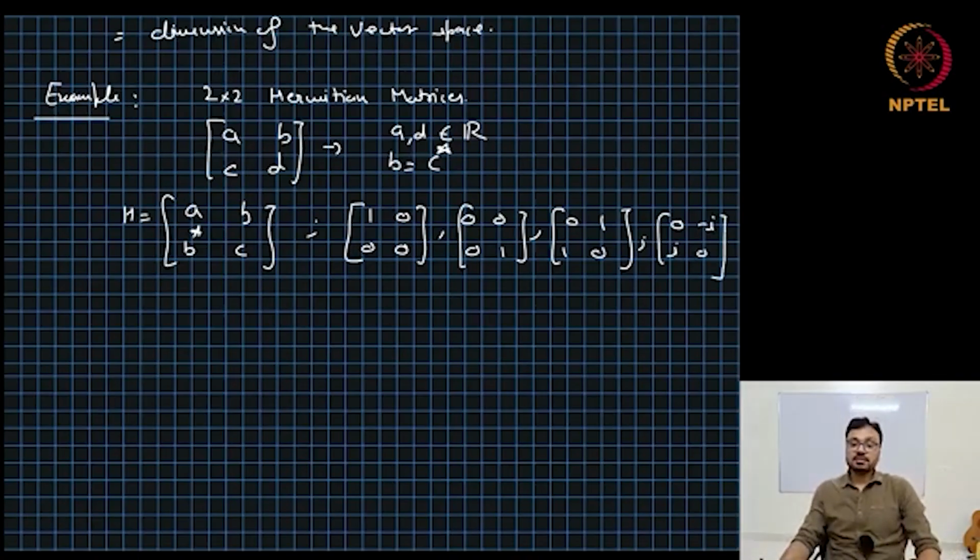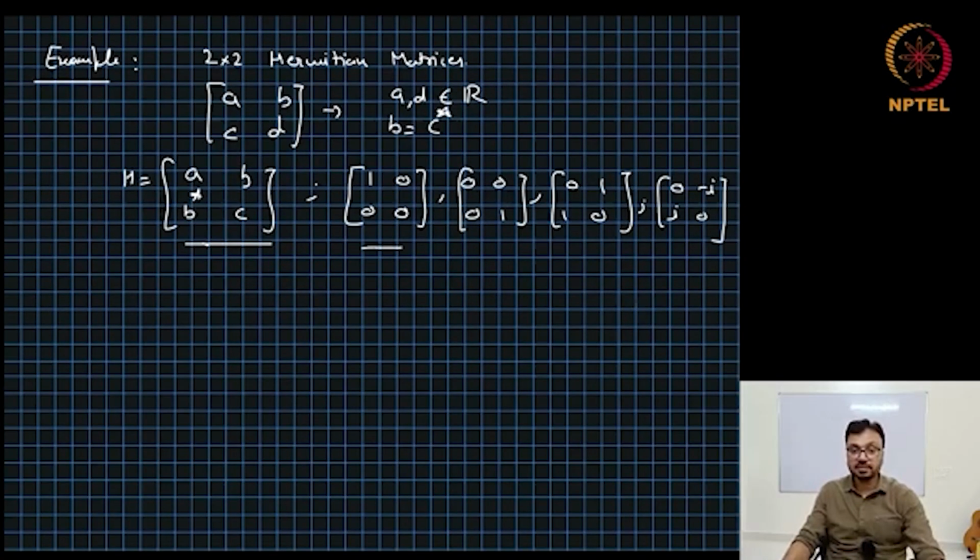These 4 matrices are Hermitian operators, and you can write any operator of this form as a linear sum of these 4 operators with real coefficients. For example, let me call the vectors E1, E2, E3, E4.